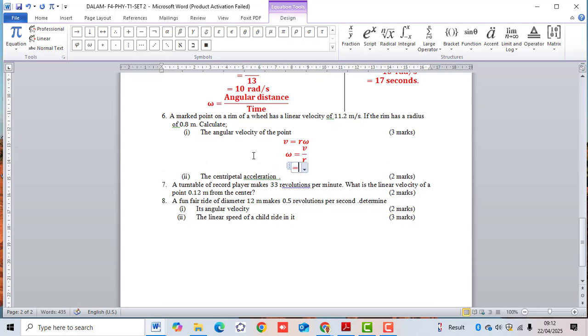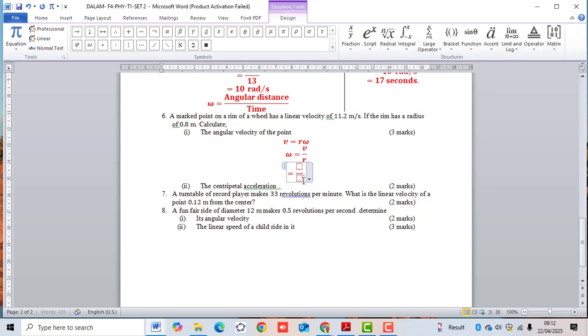Now with substitution, I'll have our v, which is linear velocity, 11.2, and it should be meters per second, because some examiner can decide to give you kilometers per hour. So divide by 0.8, like this.